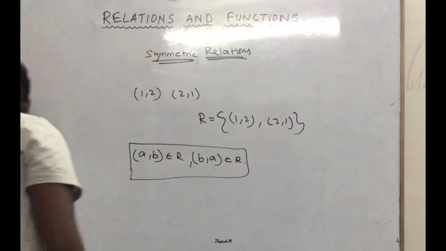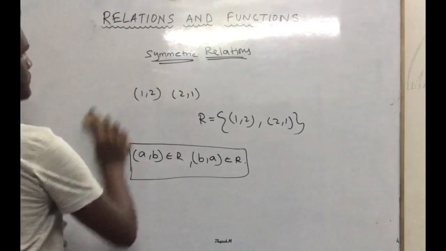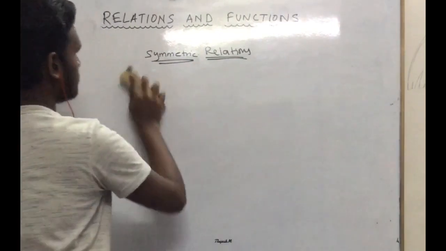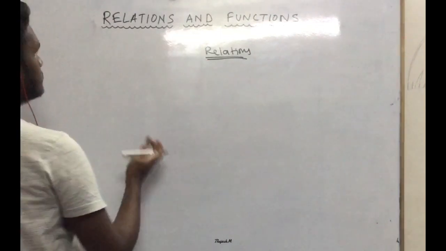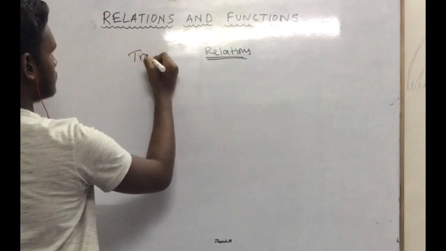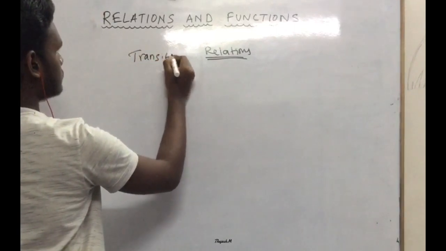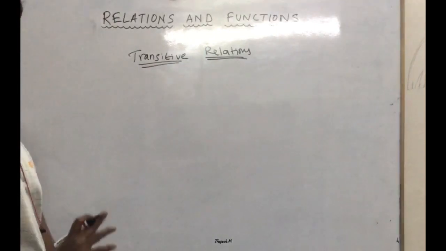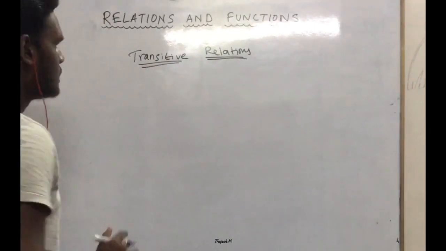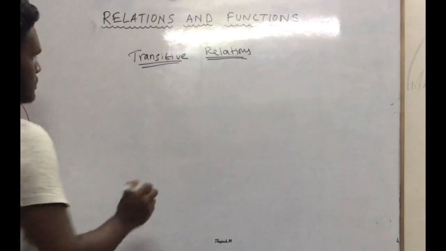Let's see transitive relation. Okay, so transitive relation is very simple. Let's take two ordered pairs.